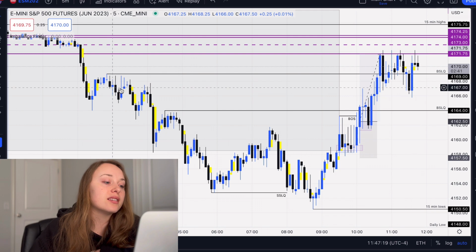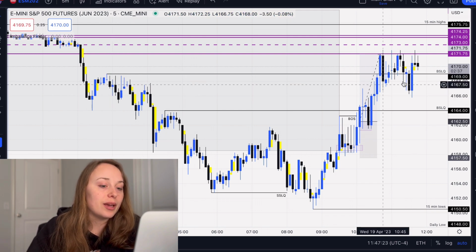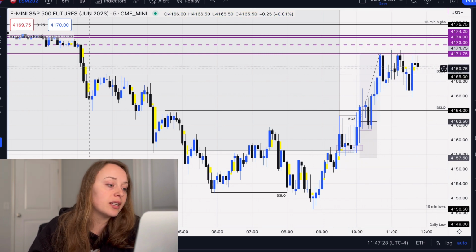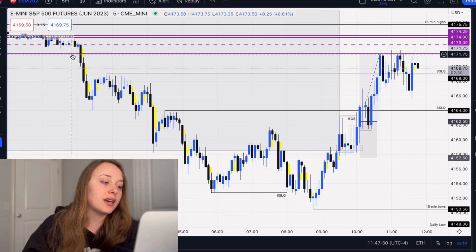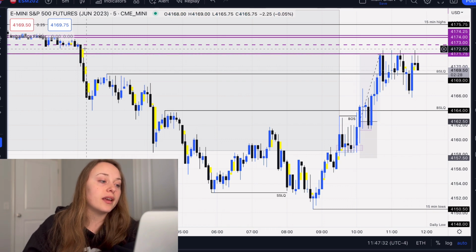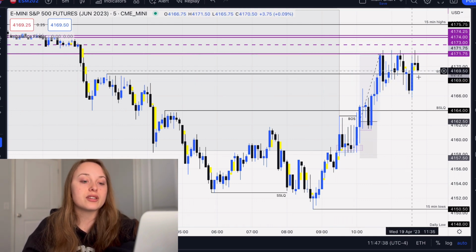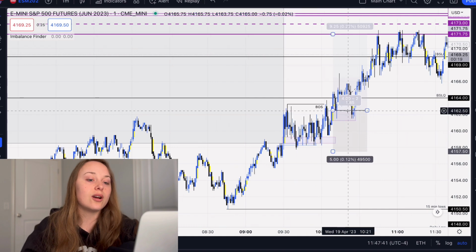We also had these equal highs up here, so we had this marked out, boom, market came, took out that buy side liquidity. And then of course we had the new week opening gap and this fair value gap, which actually was traded into. And yeah, now we've just kind of been bouncing around at the top here.